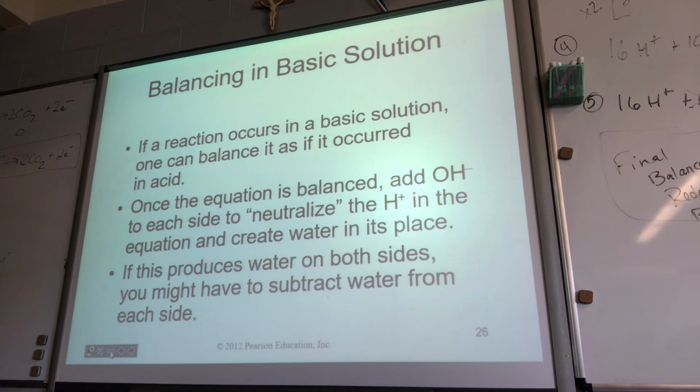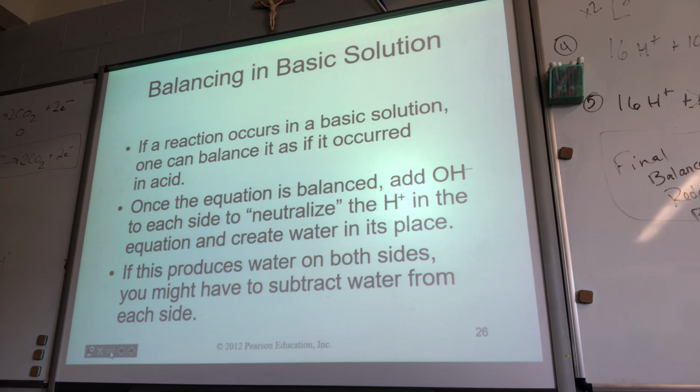Water. That means this will make 8 water on the left. There's already 4 waters on the right, right? Because that was our first step, to add waters to balance oxygens. So we would then reduce this, and this will become a 4 H2O.